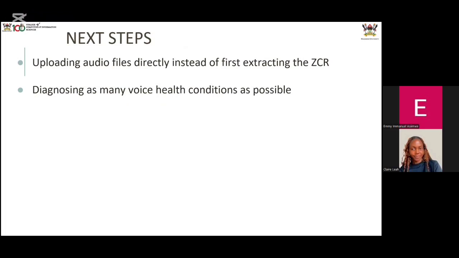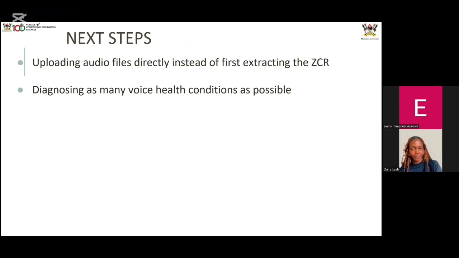But remember, there is an accuracy problem because our model had 80% accuracy, which is not very good compared to other models, especially for this field, which is diagnosing a person. An accuracy of 80% is really low because even 98% is not the best. So we want to improve our accuracy, and we also hope to be able to upload audio files directly on Crane Cloud.